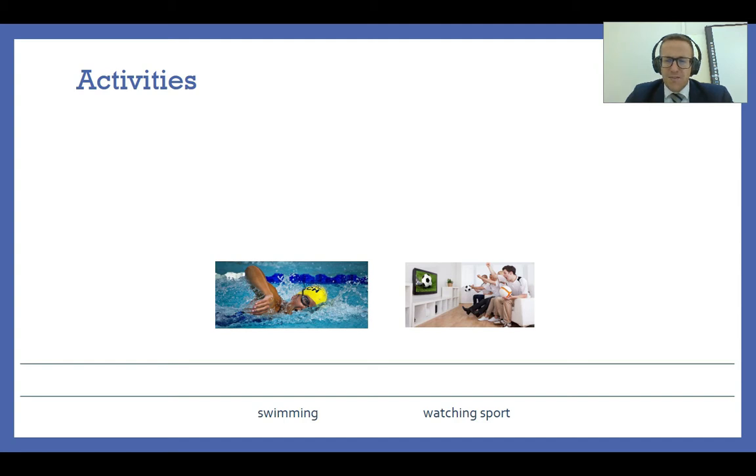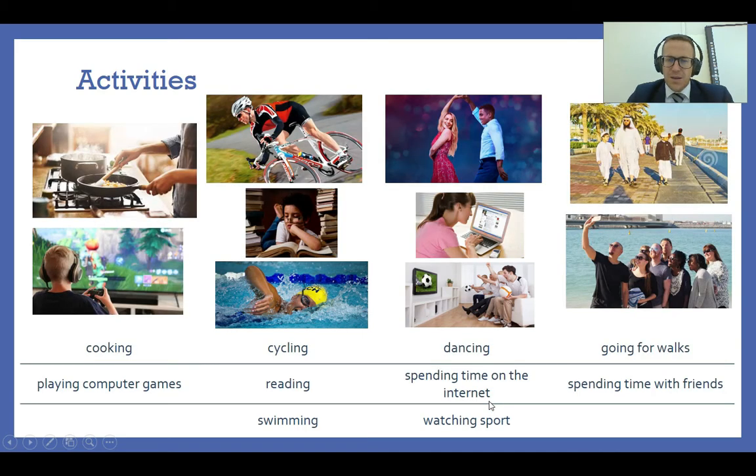A little difficult to spell. Swimming has double M, and watching sport. So it's TCH for watching sport. Okay, so here are the 10 activities you should learn to spell and the meaning of.